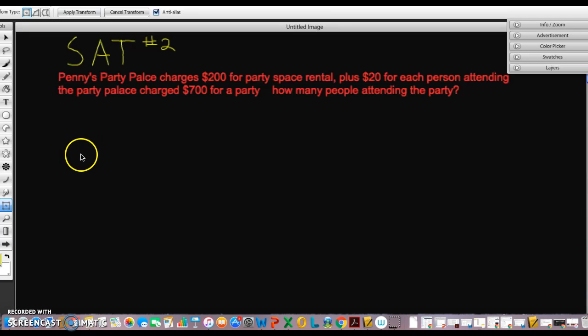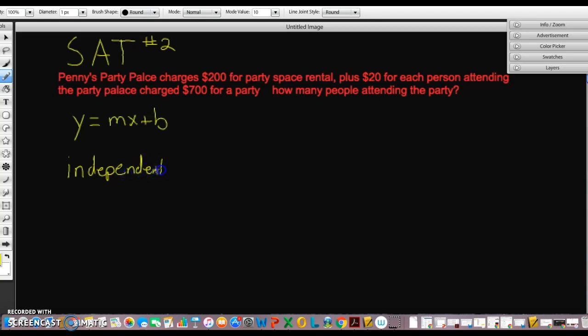All right, so this is obviously a linear relationship problem. And when you're dealing with a linear relationship problem, it's always y equals mx plus b. Also, you're dealing with an independent variable and a dependent variable.